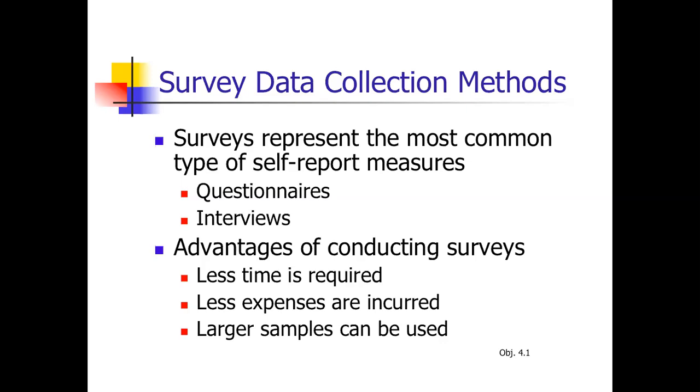It may also use less expenditure. You may spend less money in comparison to other research methods. We can also use survey or descriptive research with a larger sample. A greater number of people can be asked to participate in the survey. This is good news on one side, because we can collect information from a larger number of people.